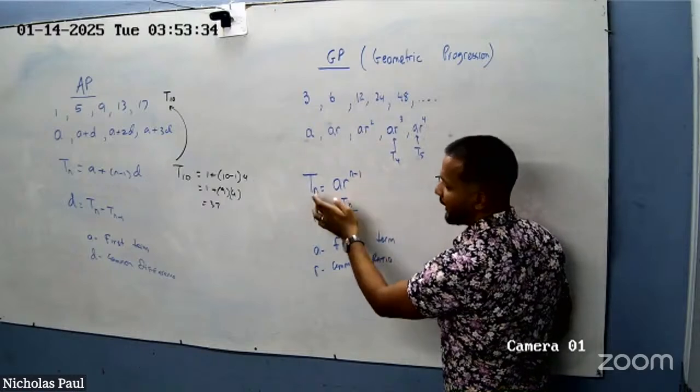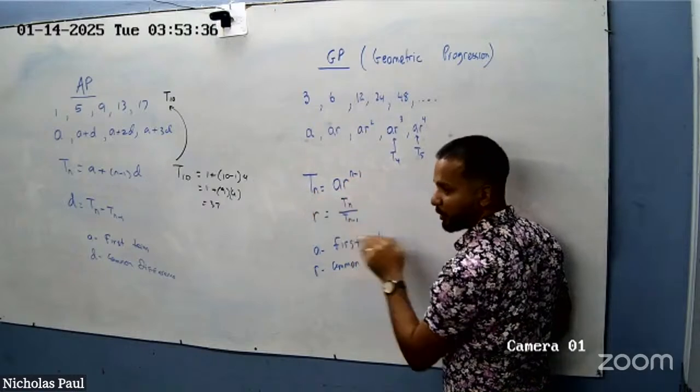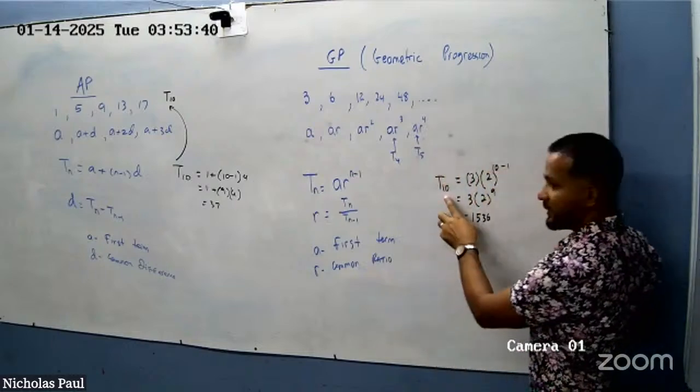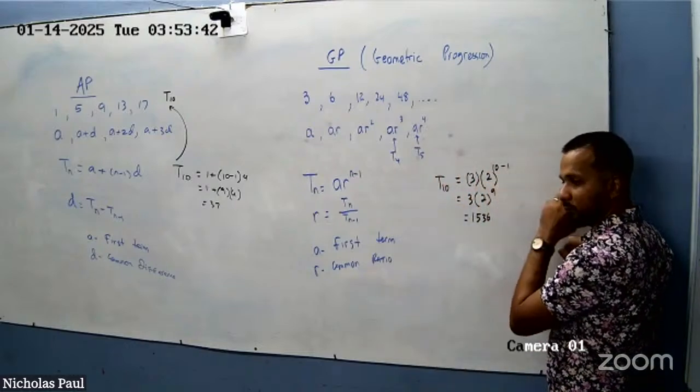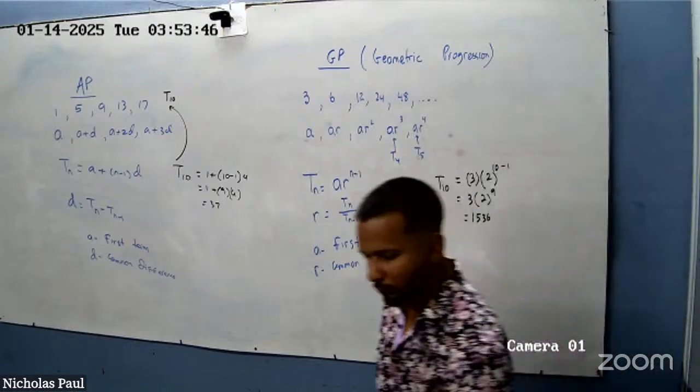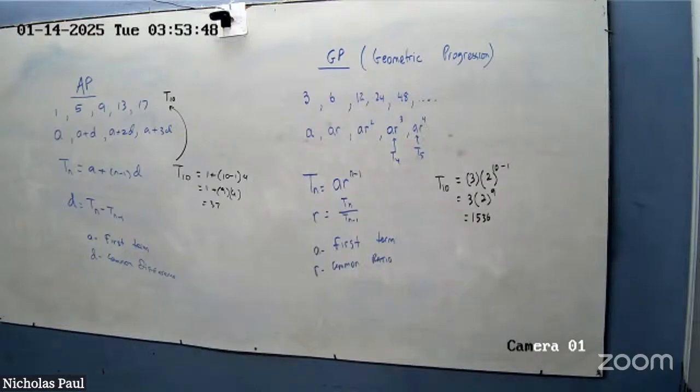So I use n minus 1 as a general term. So for the 10th term, I put 10 minus 1. I copy it down and put it side by side so you can compare them, right? You have to watch them and decide which is which, right?